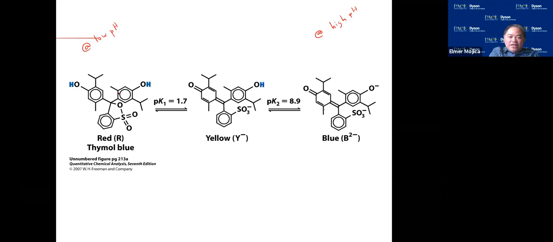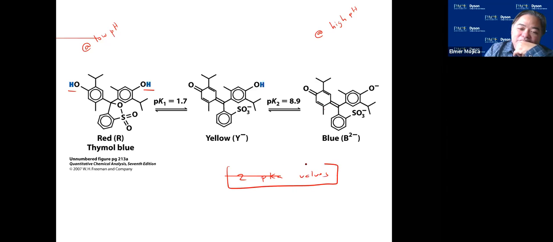So why is this at low pH? Because everything is protonated. Why is this at high pH? Because everything is deprotonated. As you could see here, it has 2 pKa values. If you have 2 pKa values, that means you have 3 forms.